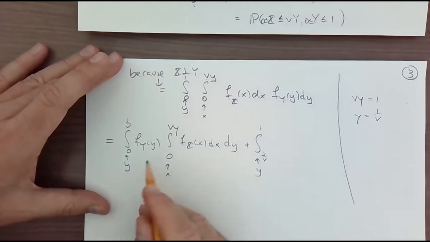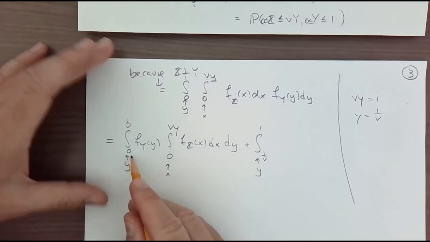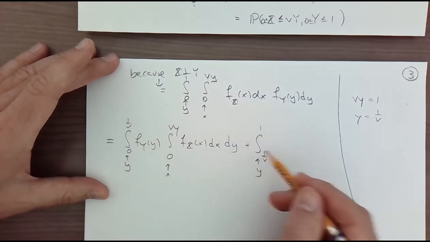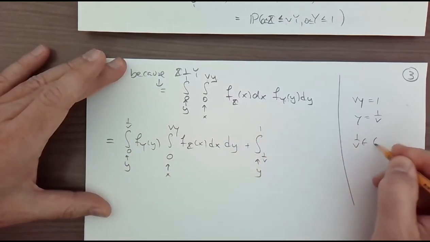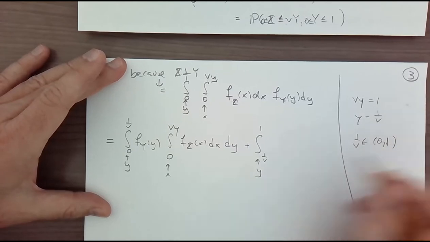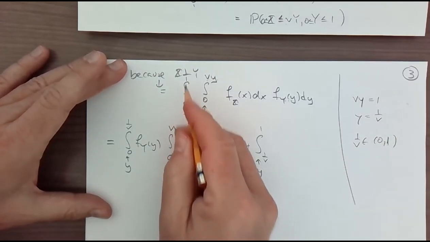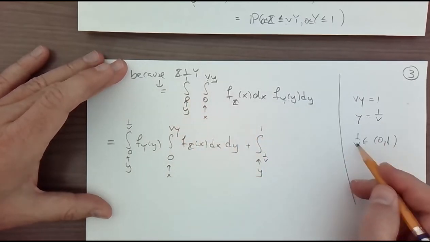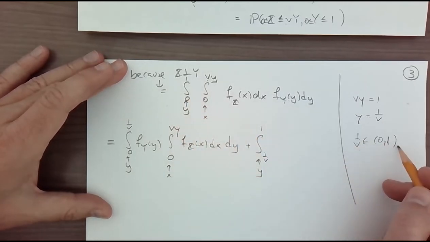So here I need to be a bit careful, right? Because I need to make sure that this 1 over v, for this to work, I need to have it to be between 0 and 1, because I'm breaking the interval from 0 to 1 into two components, right? I want to integrate from 0 to 1 over v, and then from 1 over v to 1.